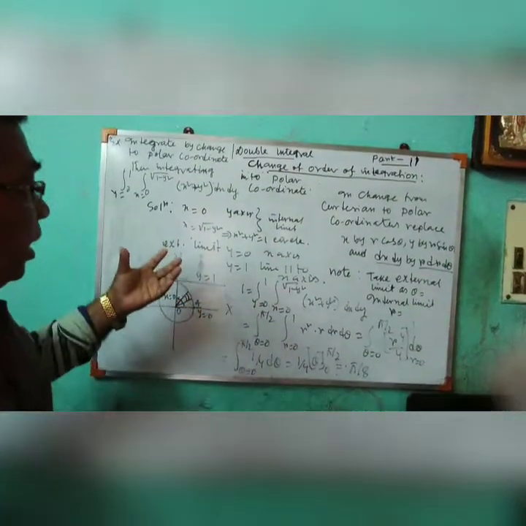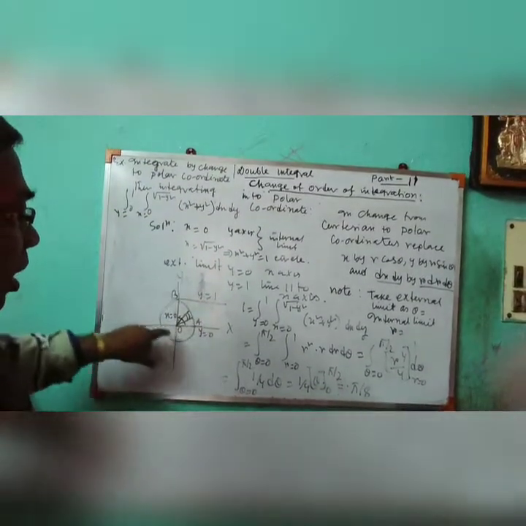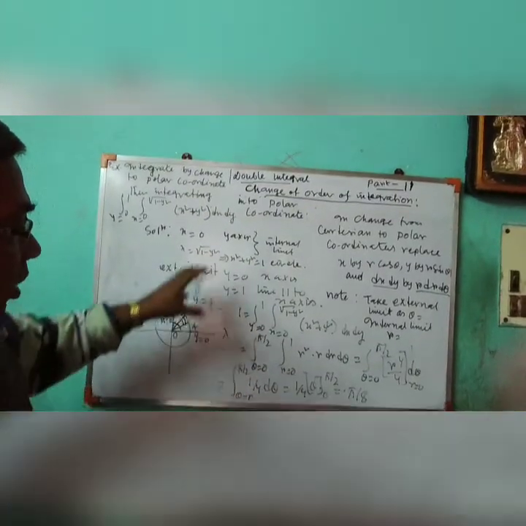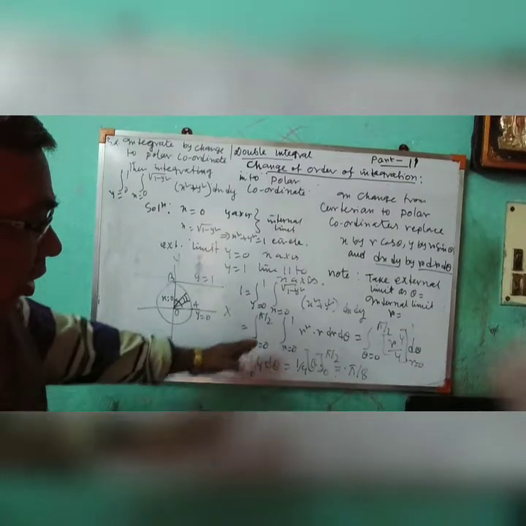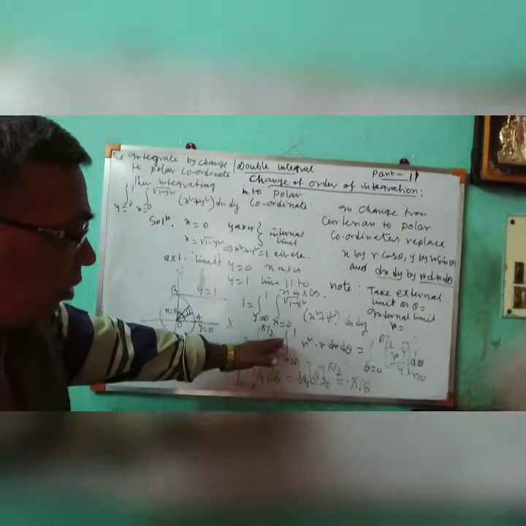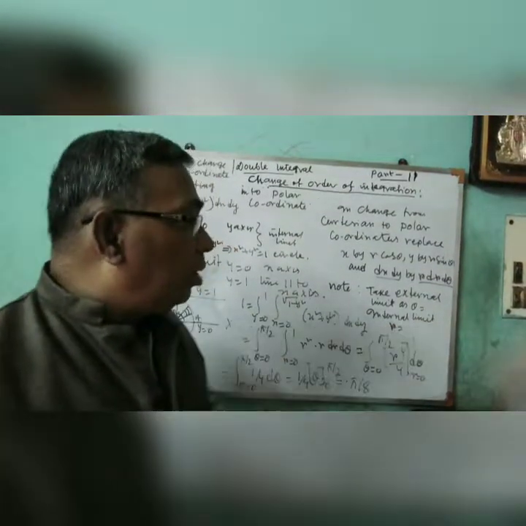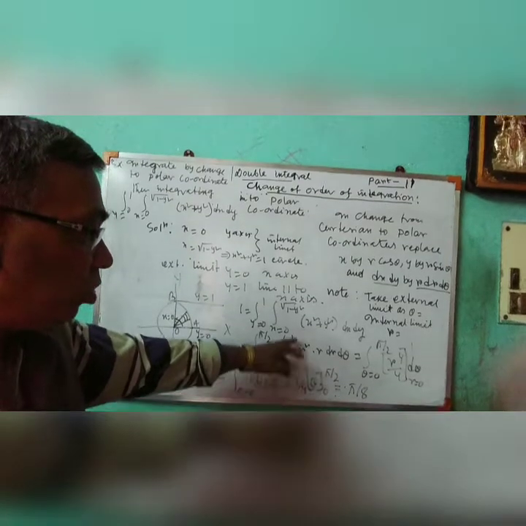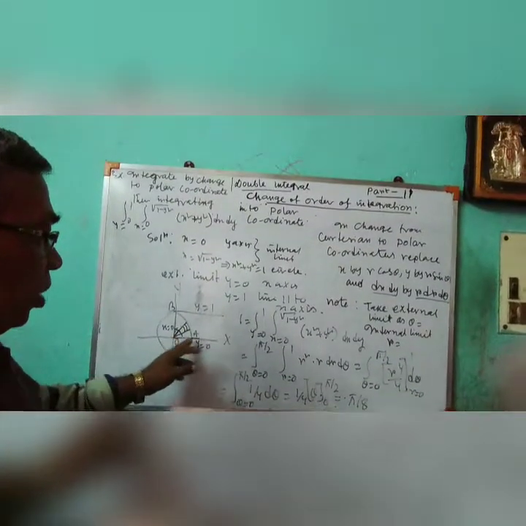What I did here: from the given limits, we draw the rough sketch, then from the rough sketch we change into polar coordinate. The outer limit is always theta. The internal limit is always r equal to, because r may sometimes be variable. So here we are taking r equal to 0 to 1.